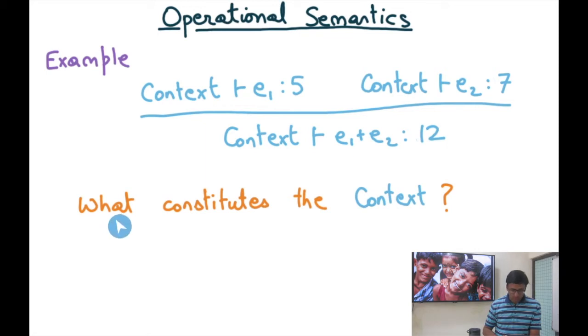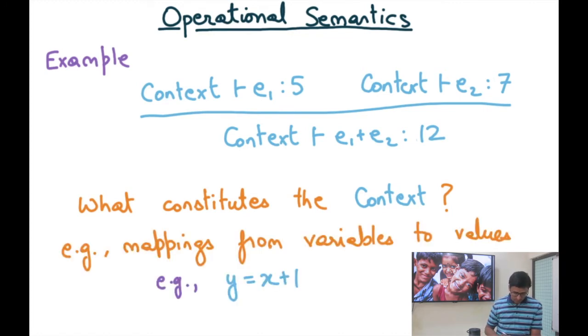Now the question is, when we are talking about evaluation, what should constitute the context? All right, so one thing that immediately strikes us is, what if E1 has references to some variables, let's say X or Y or things like that? So one thing that the context should give us is what are the current values of these variables, right? And so, for example, one thing that the context should involve is mappings from variables to values.